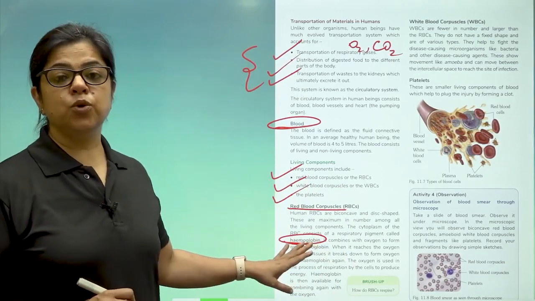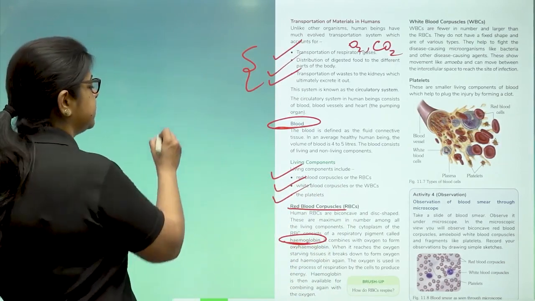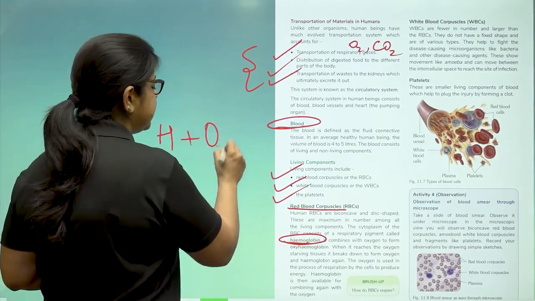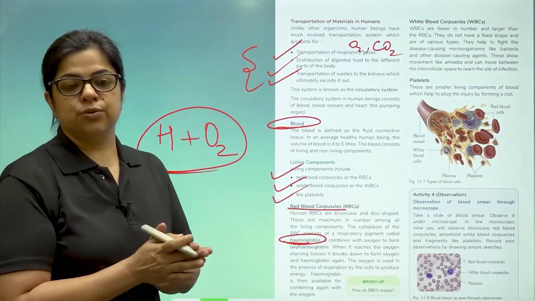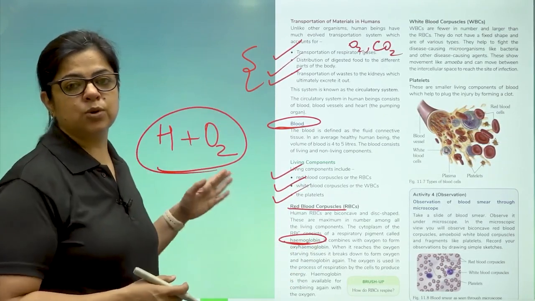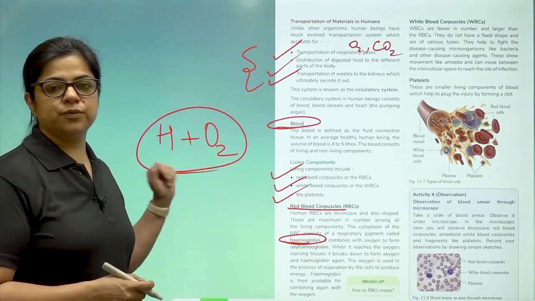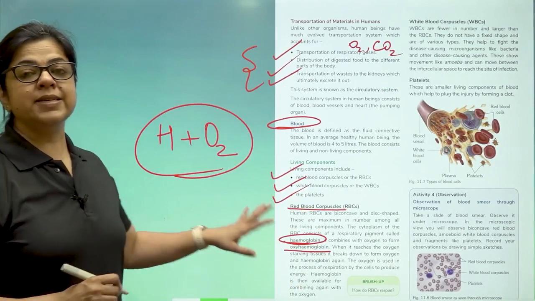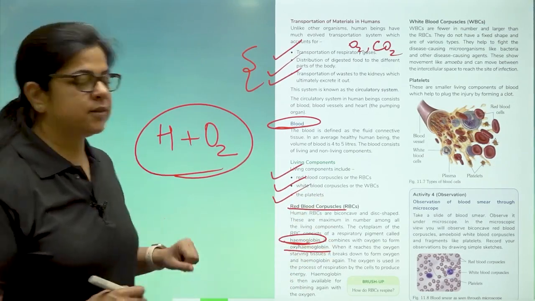Now what is this hemoglobin? Hemoglobin is the substance in the RBC that binds the oxygen molecules. So this binding helps the blood to carry this oxygen to various parts of the body. It is known as oxyhemoglobin. This is a function of RBCs in the body.